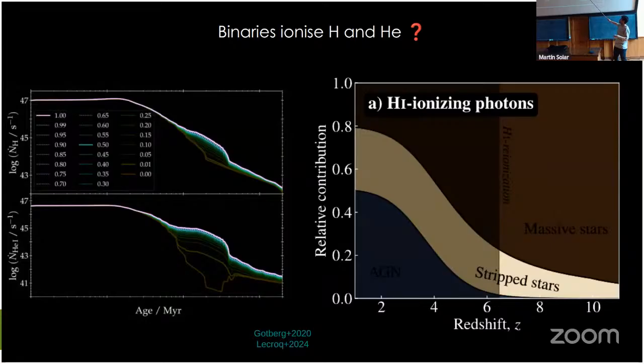The stripped star is a binary system, so how this binary system could ionize the medium could be due to common envelope evolution. It's not the supernova itself, but the binary system contributing to ionize the gas.